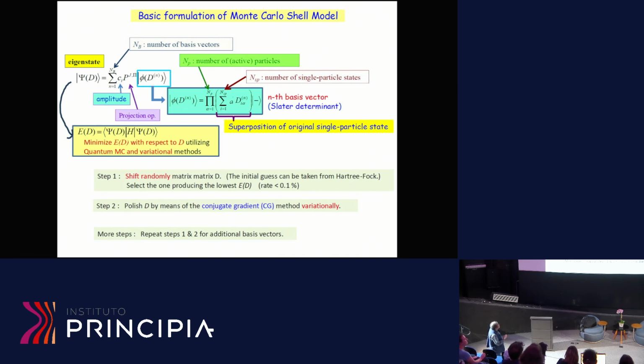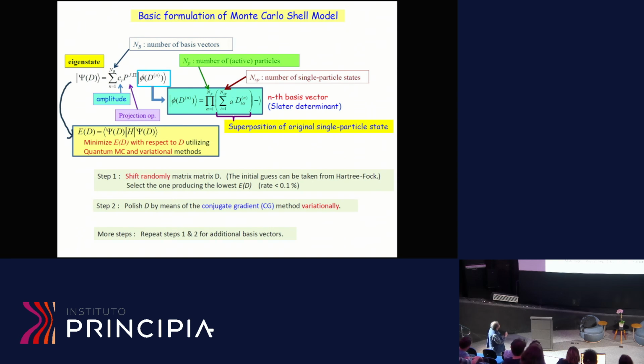This is the number of single particle states, so this summation runs from 1 to NSP. This must be a creation operator, and this is some coefficient. This coefficient forms a matrix called D, and then this basis vector is specified by the matrix D.